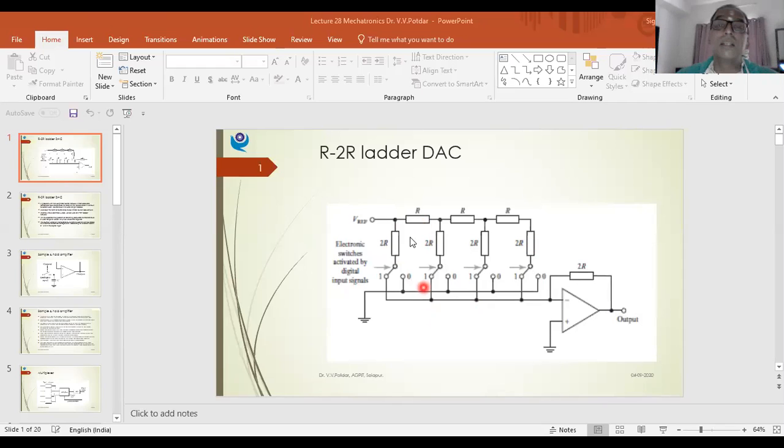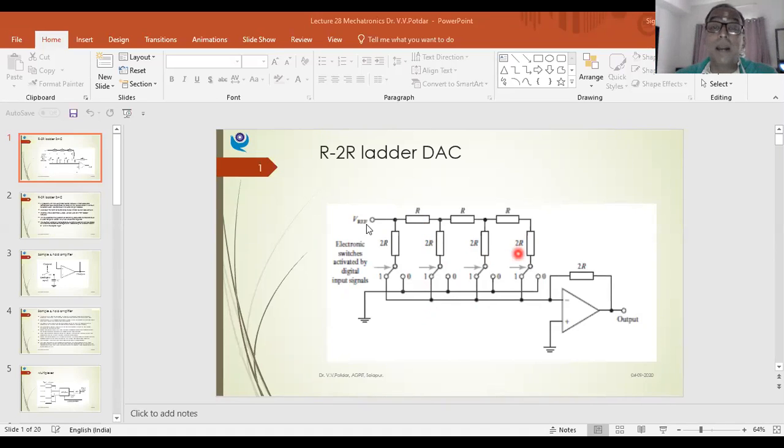That is why it is called an R2R type of ladder. Now, ladder: if you see from this side, it looks like a ladder. It doesn't matter whether I draw it from left to right or from top to bottom. The look remains similar to a ladder.